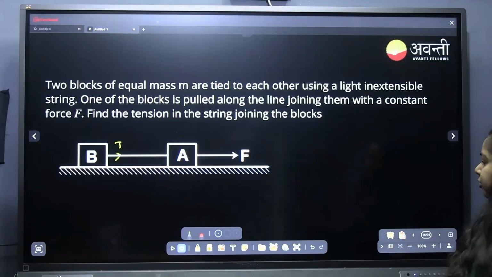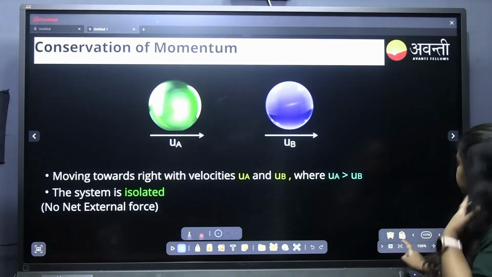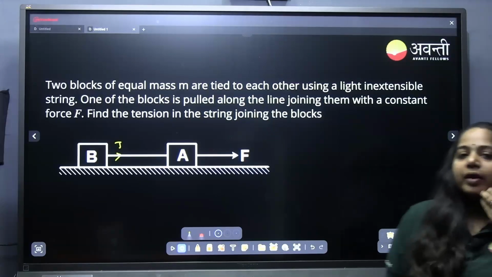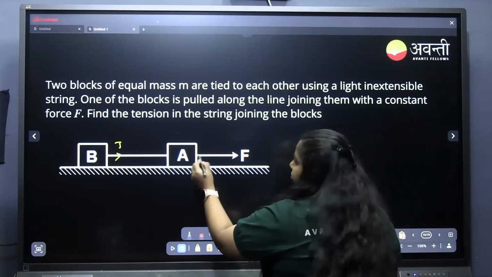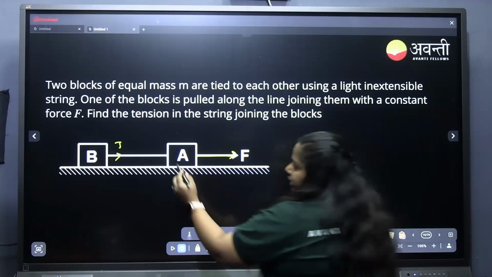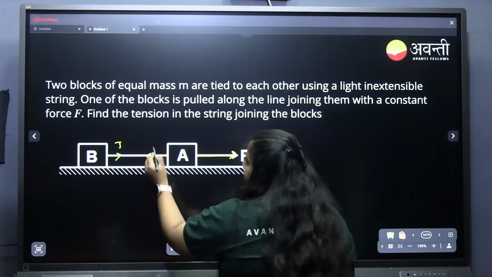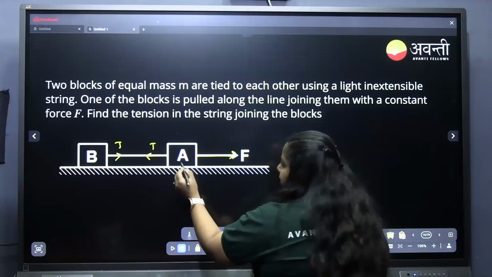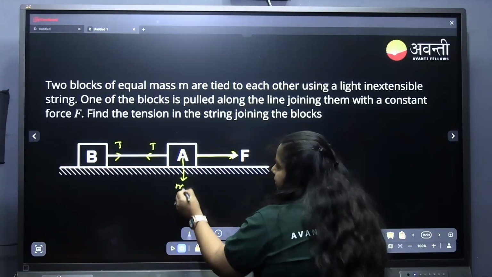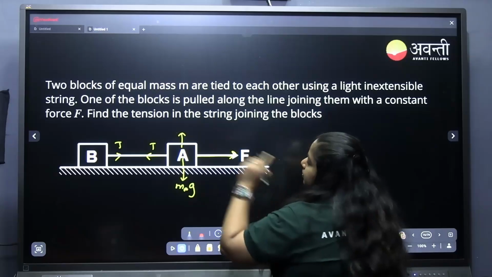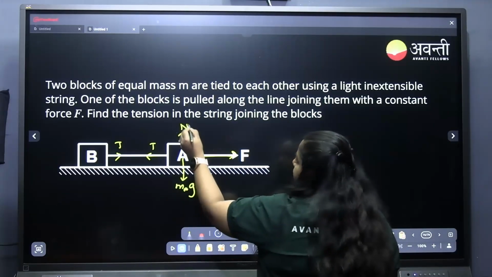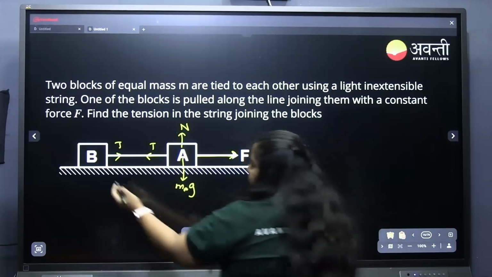Can you find? Here the approach is a little different. Okay, so force F is acting in this direction for A and T is acting in the opposite direction. In downward direction there is mass of A into g, upward direction there is normal force, that is same as mg.